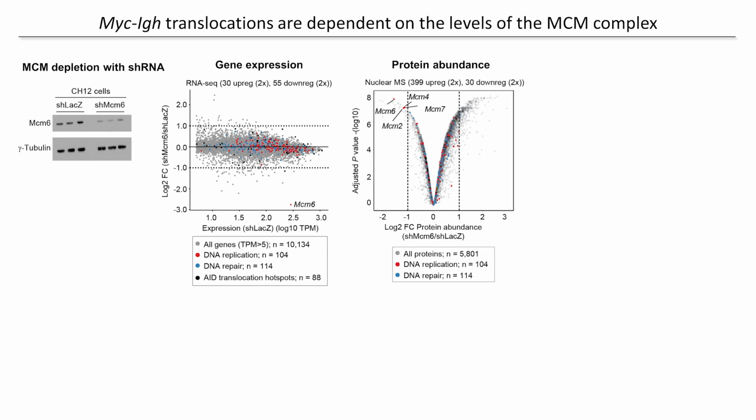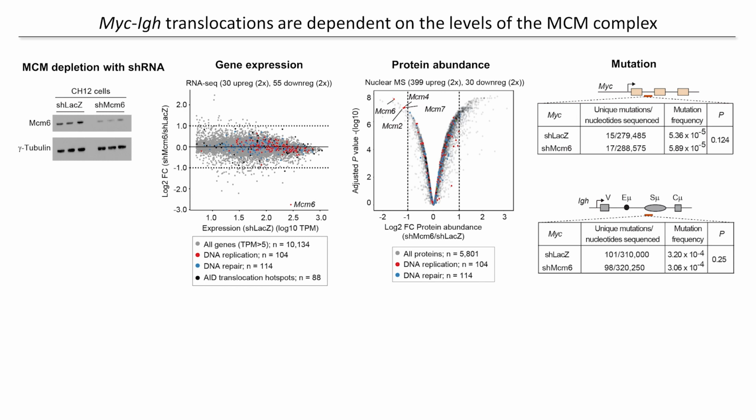We also did a protein analysis, so this is a nuclear mass spectrometry analysis, and what we found is that the depletion of MCM6 leads to a downregulation not just of MCM6 protein, but also of other members of the complex, suggesting that this depletion has resulted in a destabilization of the MCM complex itself. But we did not find too many other important proteins to be deregulated, so in this system, both at the gene expression level and at protein abundance level, there doesn't seem to be any major perturbation in the cell.